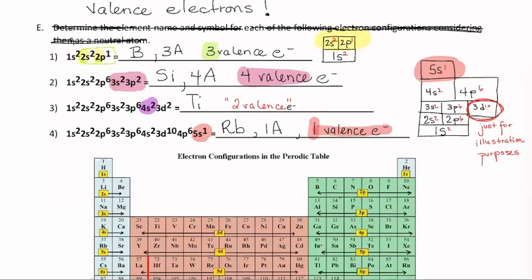I tend to just stay within the representative elements because that's a little bit more straightforward on the discussions that we have. For those of you that have to take other chemistry courses, trust me, they're going to explain in detail why it is that we have a certain number of valence electrons for the transition metals.